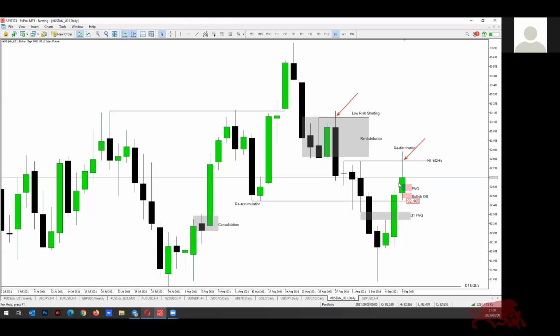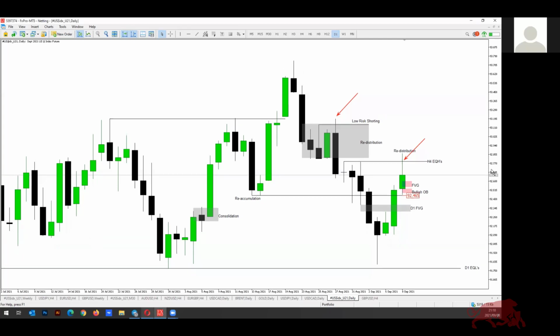I think that one you explained. And maybe one other thing I just noticed there, you see on D1 equal lows. D1, you see, where there is a line under on the bottom corner of your right screen. Yes, you see that line. That low failed to break the previous low.